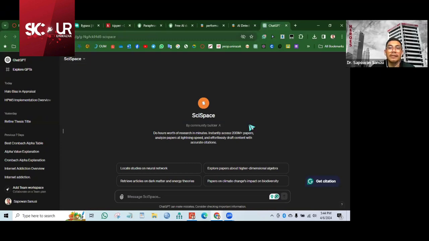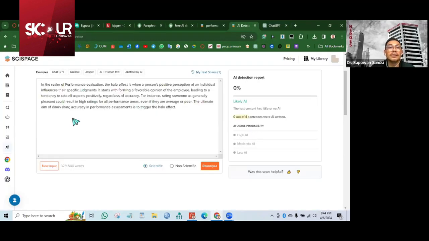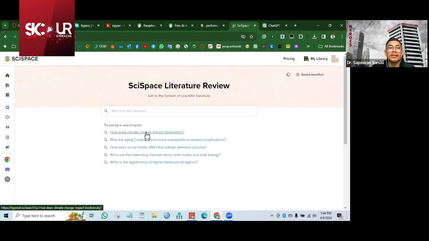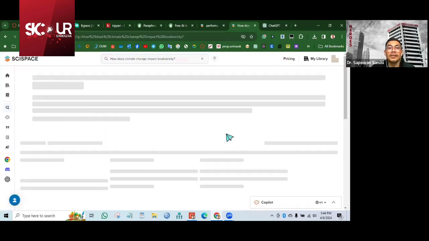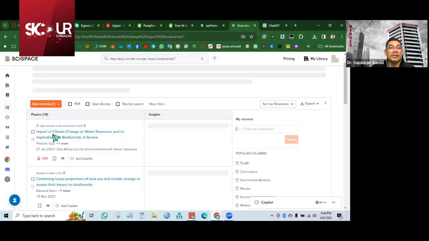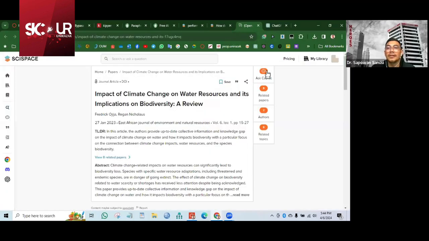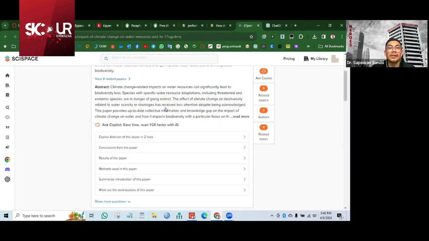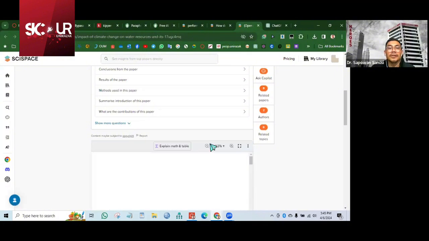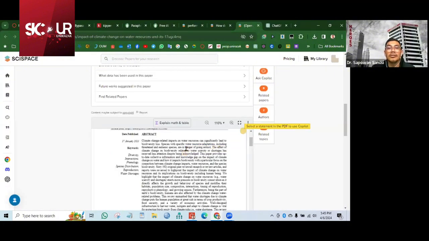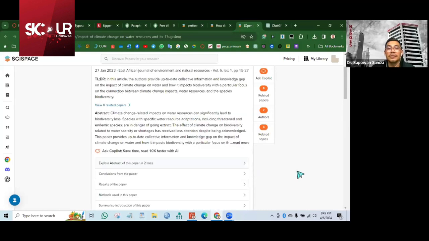So whatever that I have putting here, for example, my literature ni ada kan. Then how does the climate change on biodiversity? I nak cari paper dia, so I download this paper. I boleh download this paper lah if I want to.